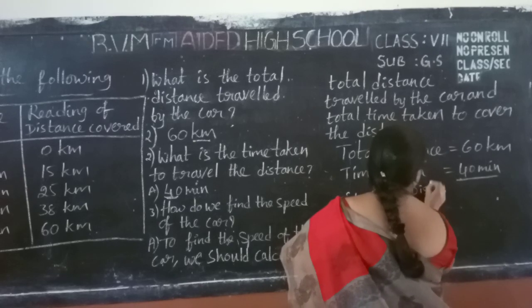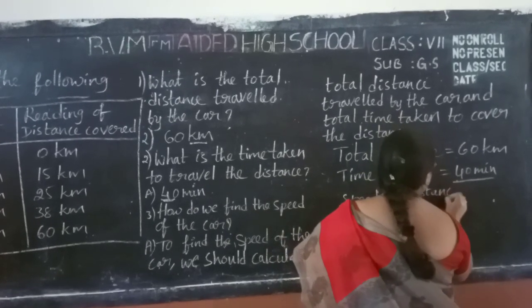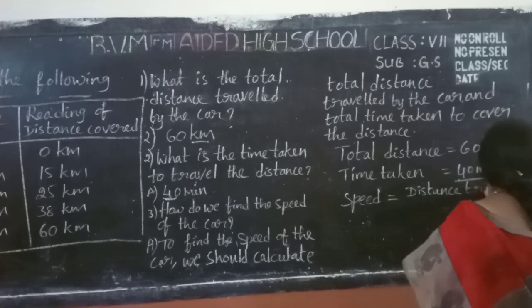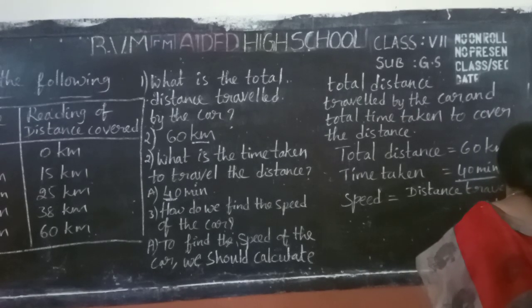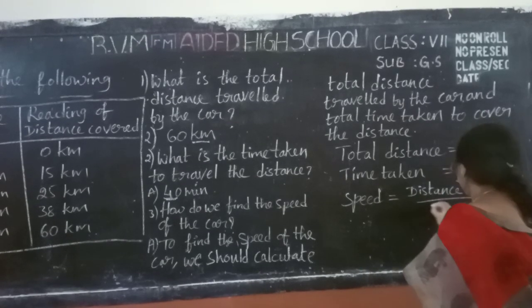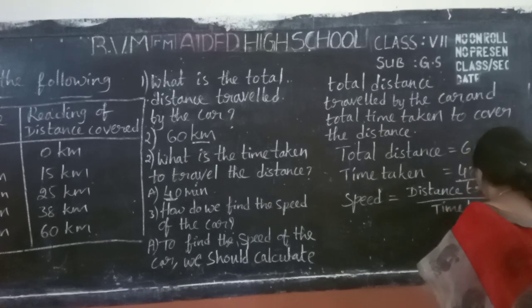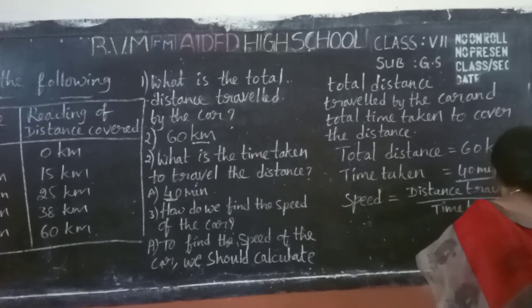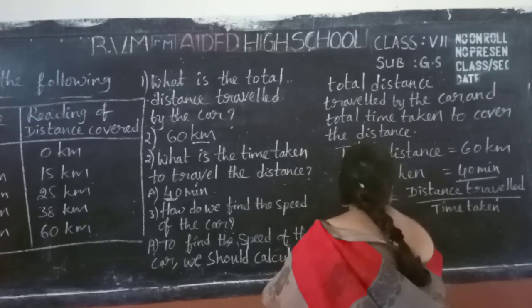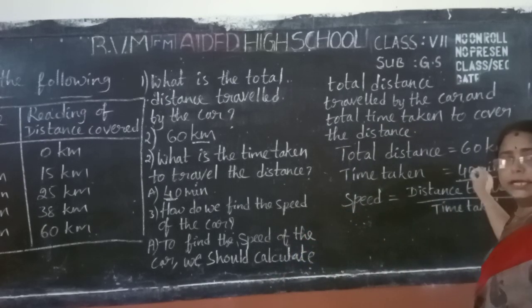So we have to change this 40 minutes to hours. Speed equals distance traveled divided by time taken.